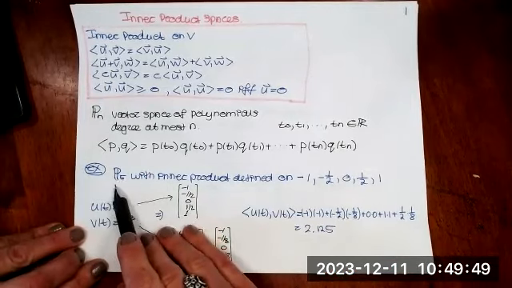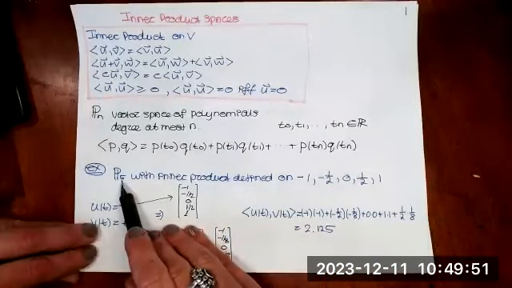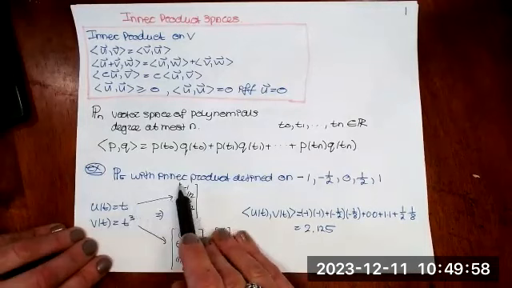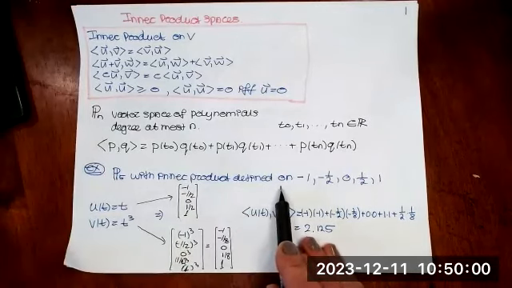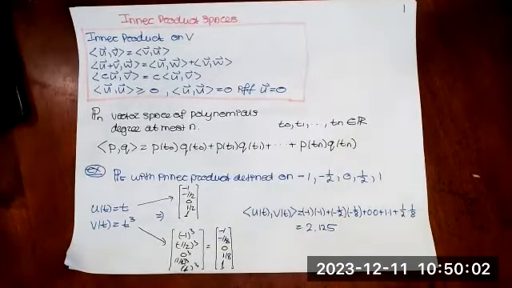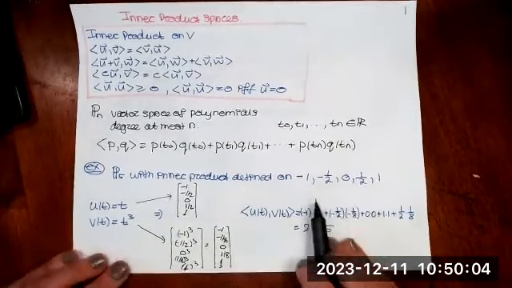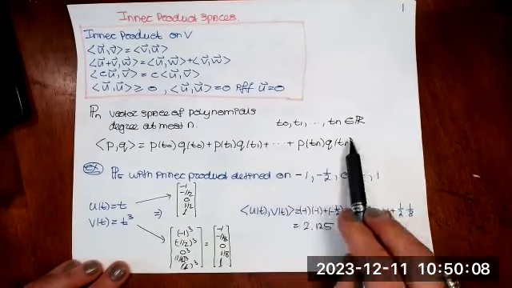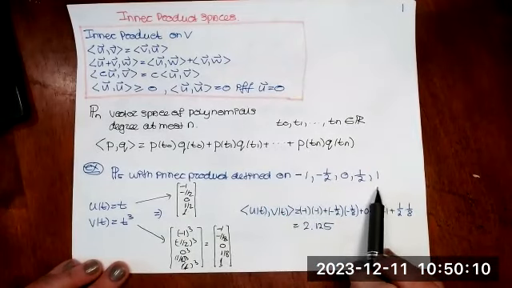So for example, if I have P5, the space of polynomials of degree at most 5, and I'm going to define an inner product on this space as evaluation at -1, -1/2, 0, 1/2, and 1. So those are my t0 all the way to tn.